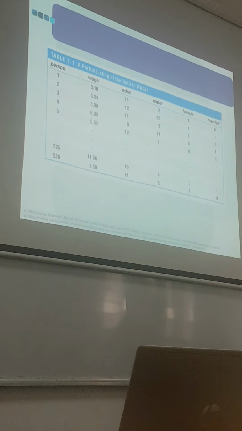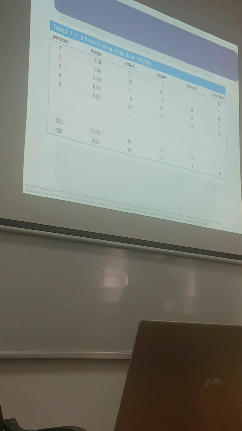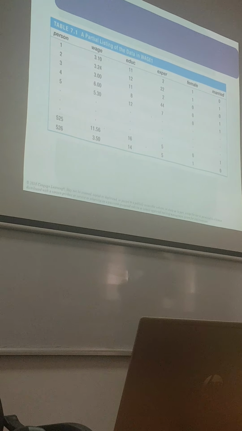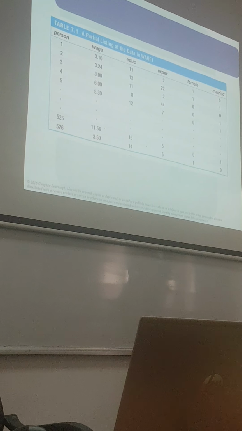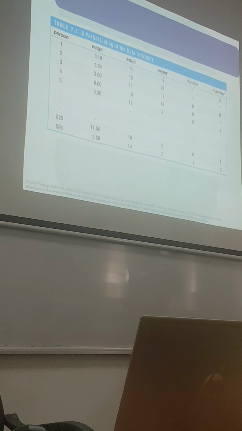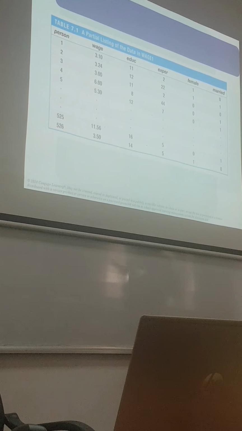So if you look at the first person here, she's a female and unmarried. Number 2, she's a female and married. Number 3, he's a man and unmarried. And then number 4, he's a man and married. Okay, so that's called the dummy variable.